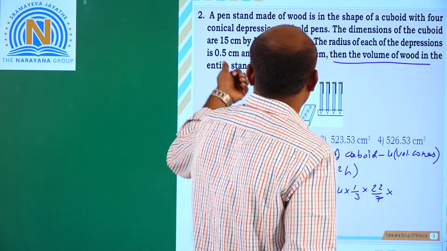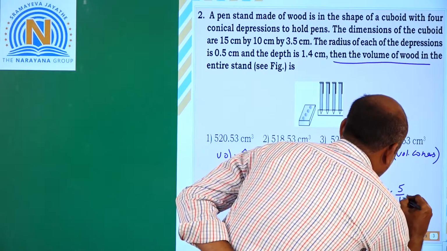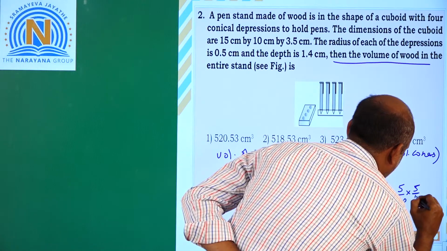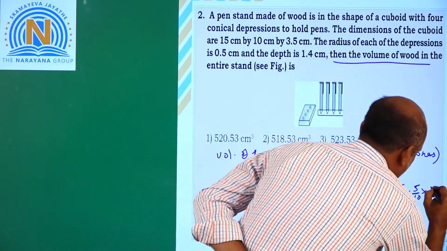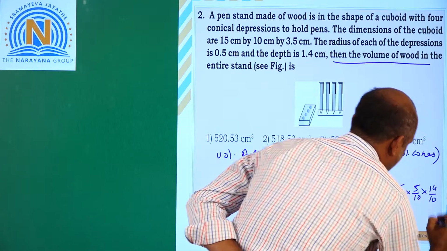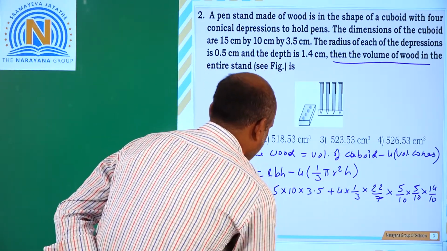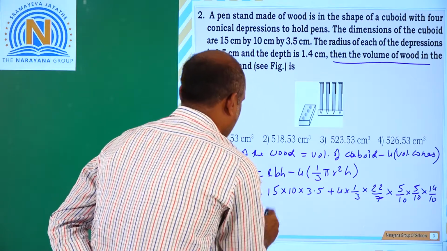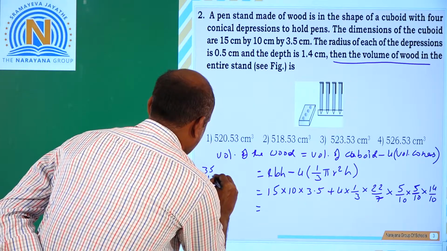What is r? Radius is 0.5, that is 5/10 into 5/10, into height. Depth is nothing but height, that is 14/10 centimeters. 10 into 3.5 is 35. Now calculate 35 into 15.